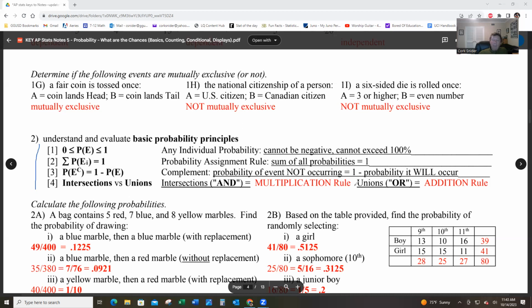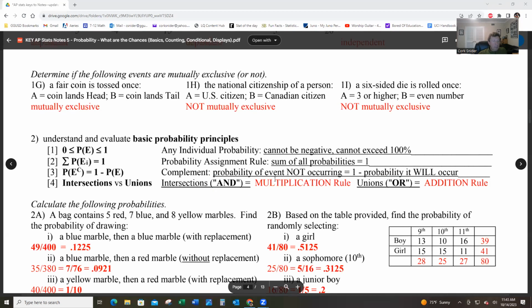And then the complement: if the chance of rain is 25%, the chance of not rain is 75%. And the word "and" means multiply, and for the word "or" you're going to use the addition rule, which we'll introduce pretty soon. But "or" means plus, and "and" means multiply. Those are some simple vocabulary words.